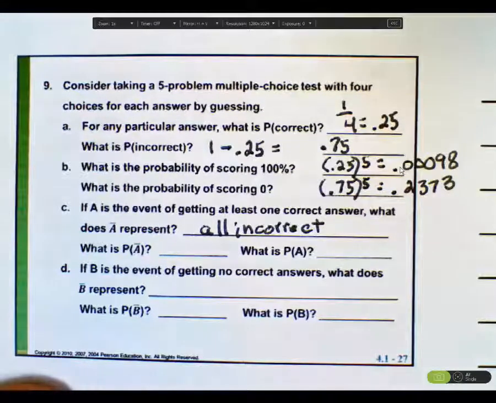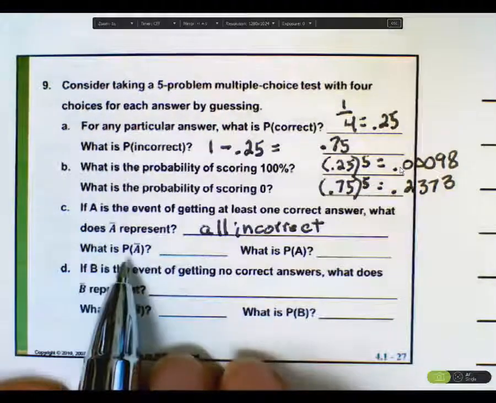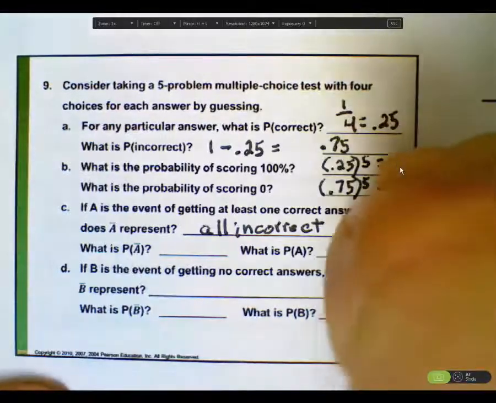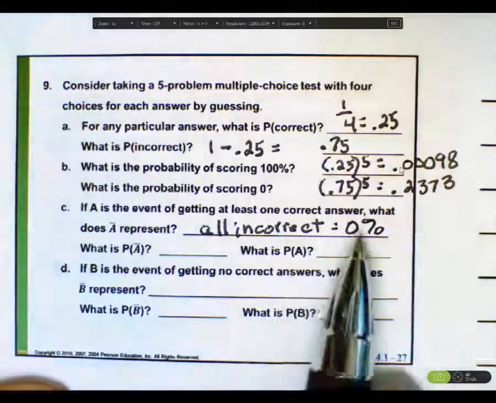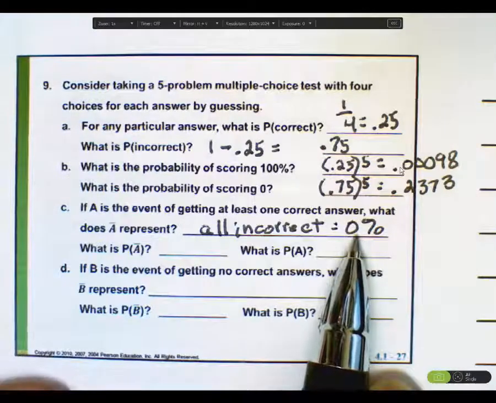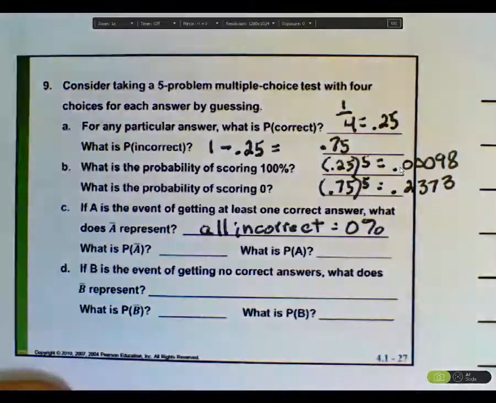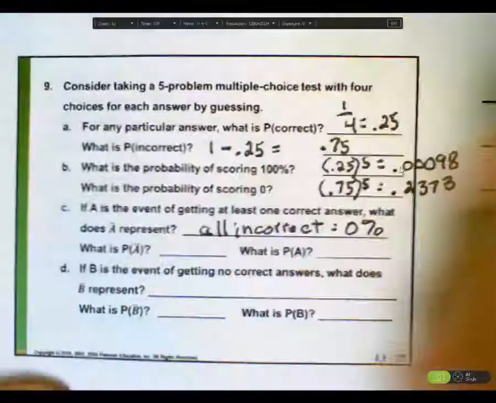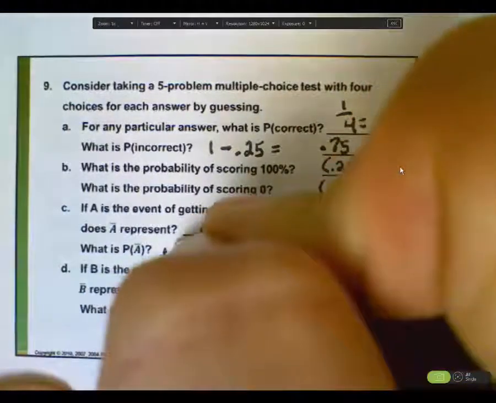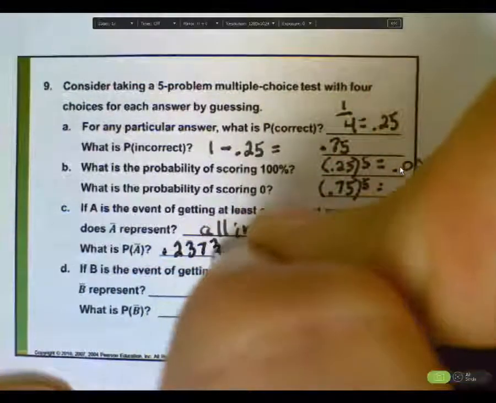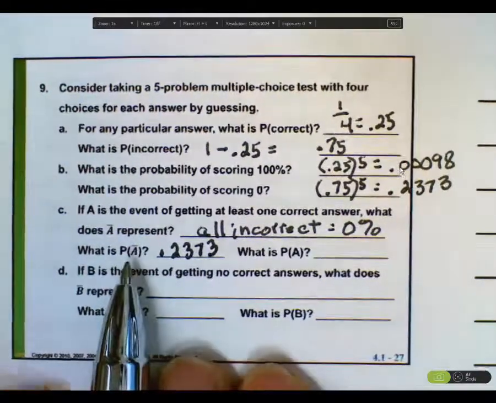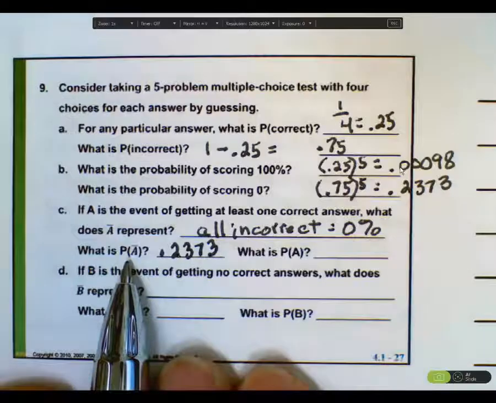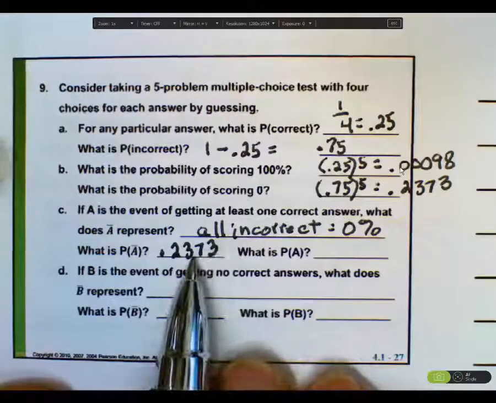And that's what a complement is. So the probability of a complement is the same as my probability that I would make a 0. The probability that I was going to make a 0 was 0.2373. That's the probability that all of my answers were incorrect.